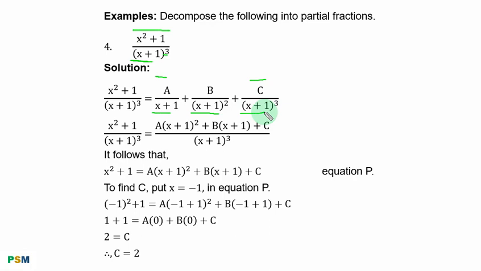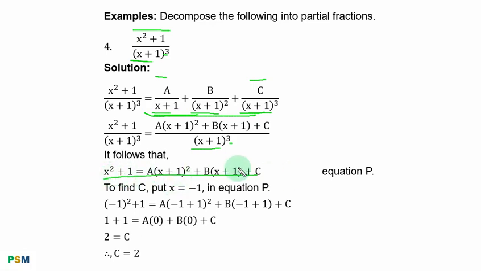You simplify by finding the LCM in the right hand side. It is simply (s plus 1) to the power of 3. The first 2 factors are contained in the third one. Multiply through by the LCM to clear fractions and you have this result, which we call equation P.